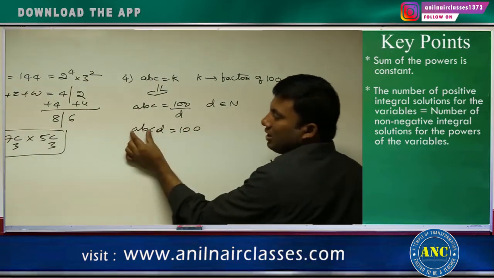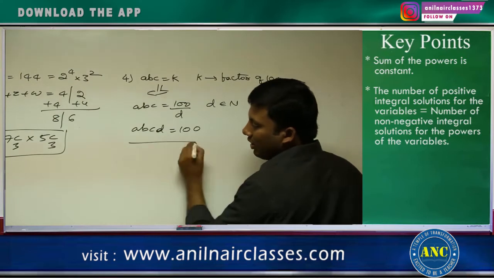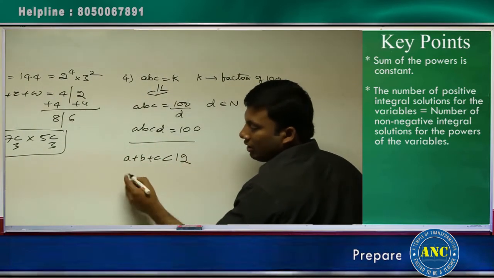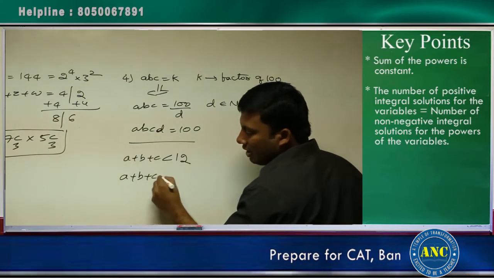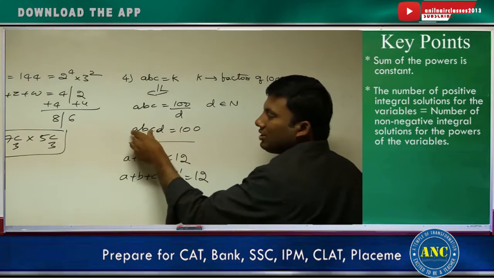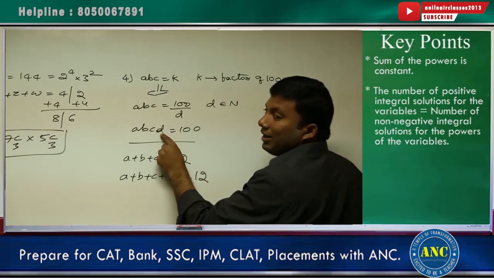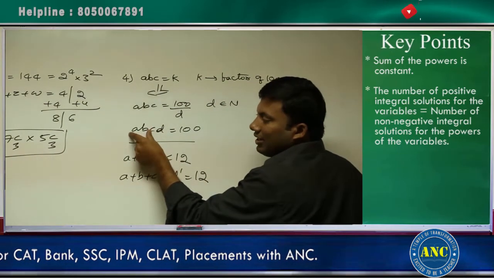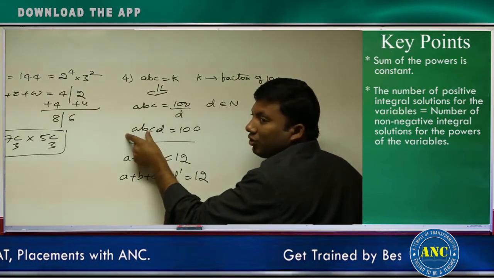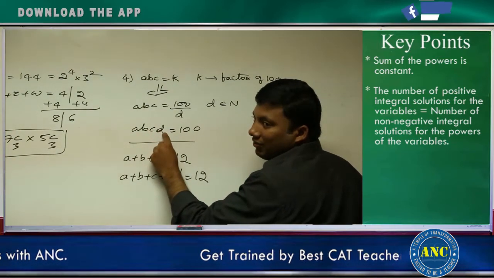Yesterday we discussed a similar problem, A plus B plus C less than 12. Whatever deficit is there, we introduced a dummy variable and made it equivalent. If ABC is 1, D value will be 100. If ABC is 2, D value will be 50. If ABC is 4, D value will be 25.